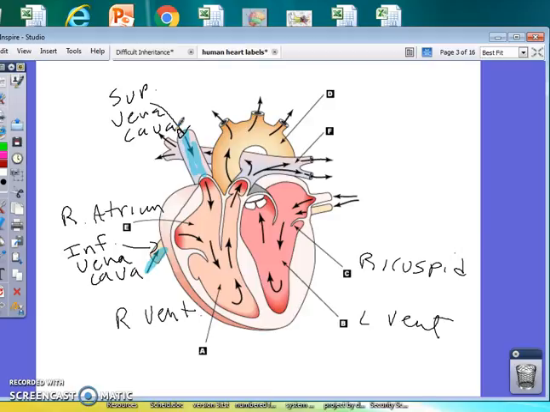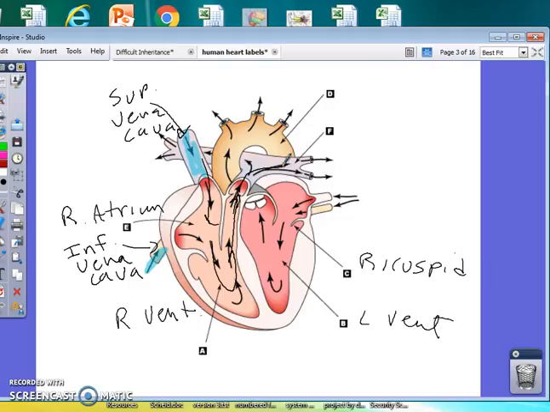As we follow the blood, as the blood is coming in this direction, it goes into the right atrium, into the right ventricle, and up and out. This blood is going to hit this big blood vessel that branches to the right and the left, which is identified as letter F. That's a blood vessel that's carrying blood away from the heart, so that's automatically going to be an artery.